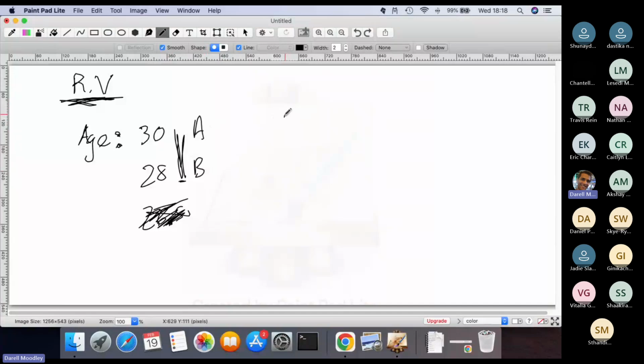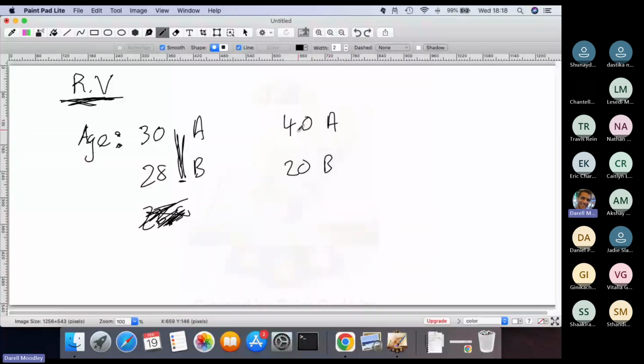If you have one person that's 40 and another person that's 20, we can say person A is twice the age of person B. That means the ratio makes sense. If you take the difference, the subtraction, that also makes sense. Whenever these two kinds of operations make sense, when you take the difference or the ratio, then that variable is a numeric variable. Okay, does everyone understand that?